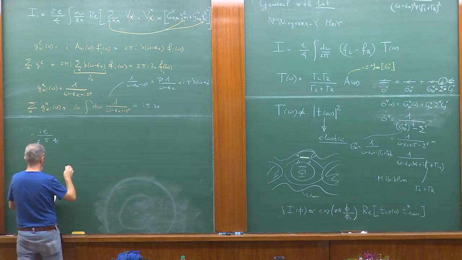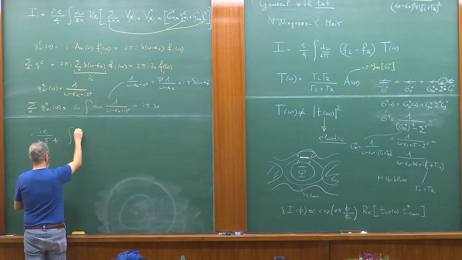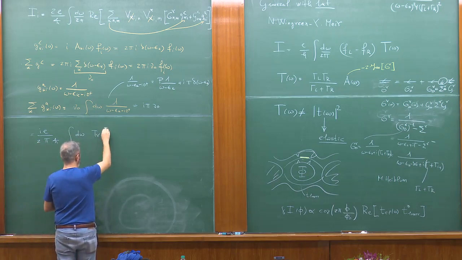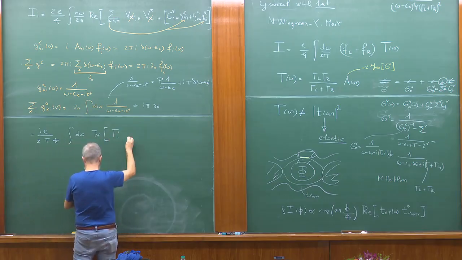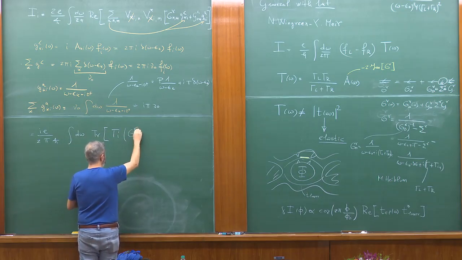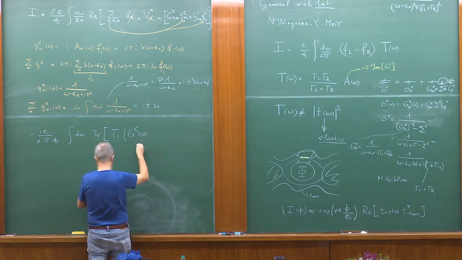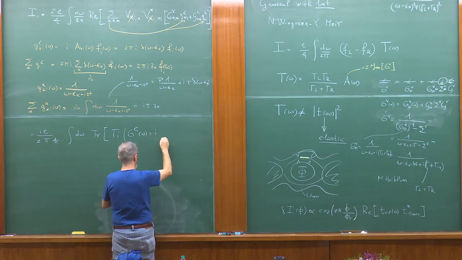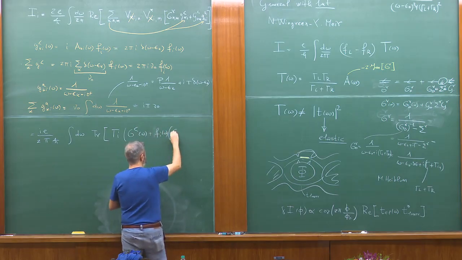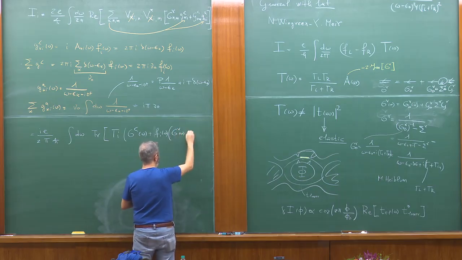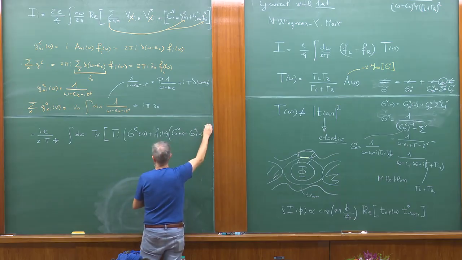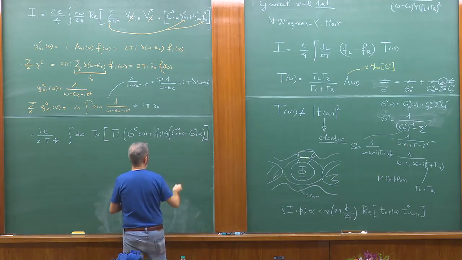Well, somewhere there is an h bar. And then integral d omega, trace of gamma i, g lesser of omega, plus, I have to explain this formula, f i of omega, g retarded of omega minus g advanced of omega.